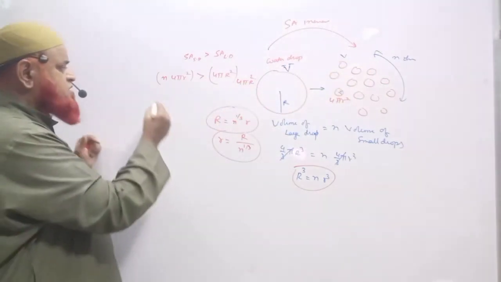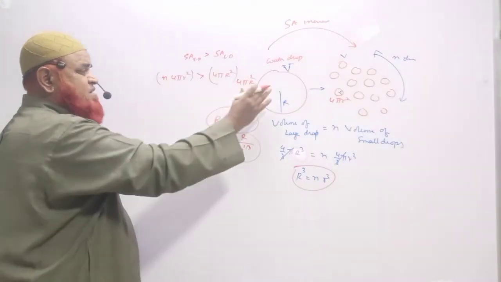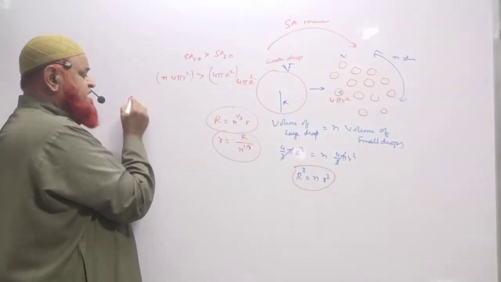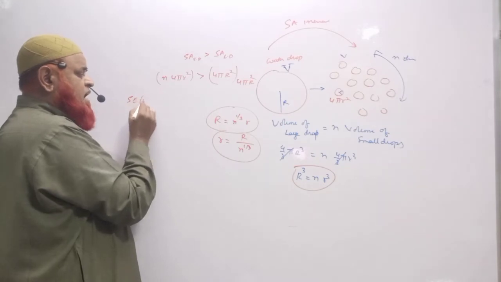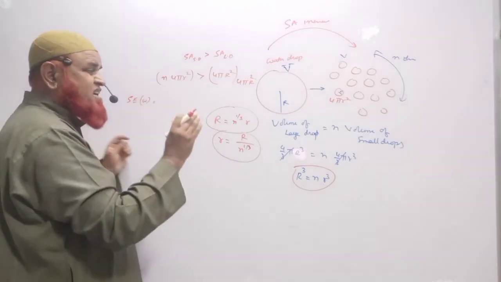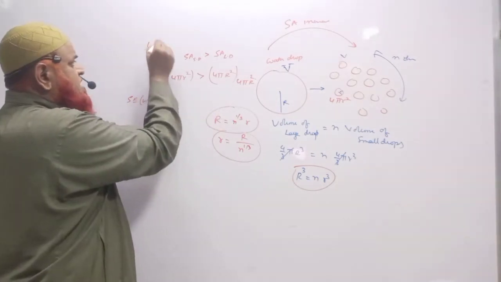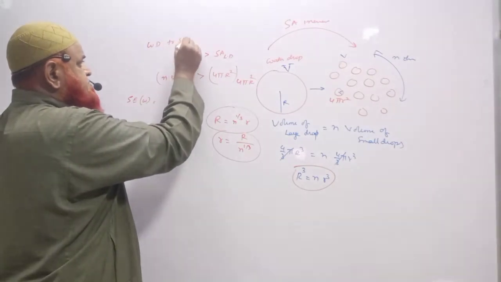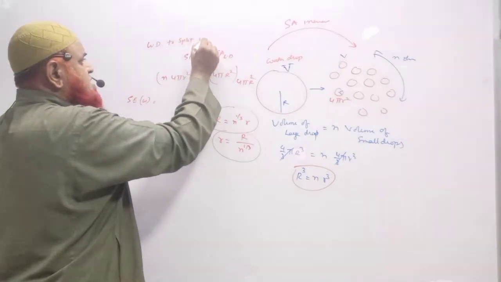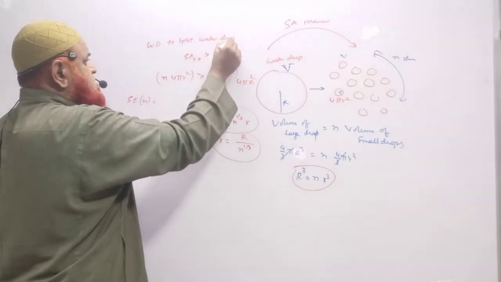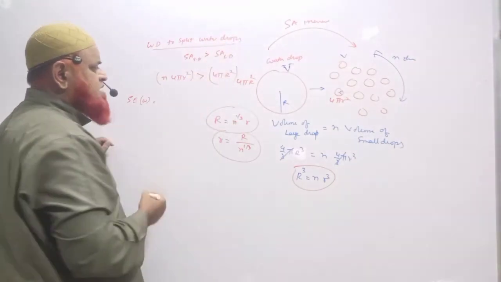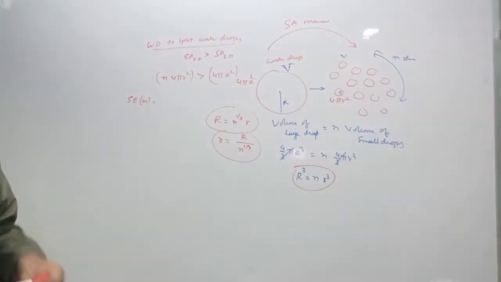Understood? So what are you going to do now here? You all know this is a water drop. Then surface energy or work done, you can just write, work done to split water drops. How much is the work done by you to split the water drops? We shall discuss that here.